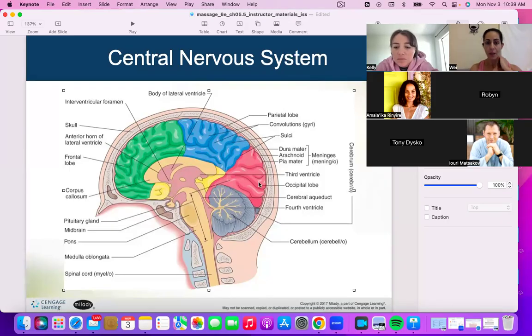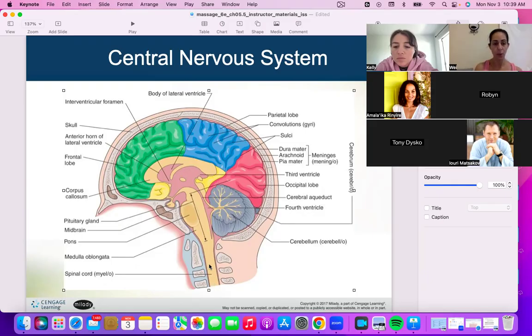Then we have the occipital lobe right in the back of the skull, and underneath it sits the cerebellum right here. It looks like a flower. Now, what else?